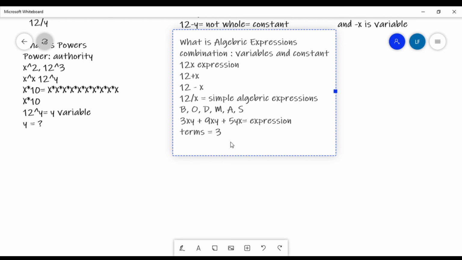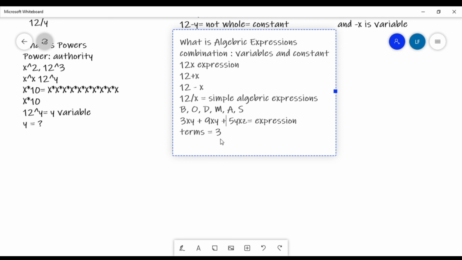The variables should be the same if you want to add or subtract them. But if the terms are not going to be added or subtracted, but rather multiplied, then the variables can be different kinds of variables and constants, because you're going to multiply them and make them into one term.